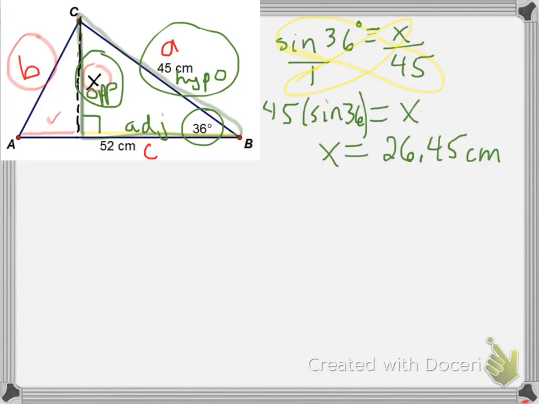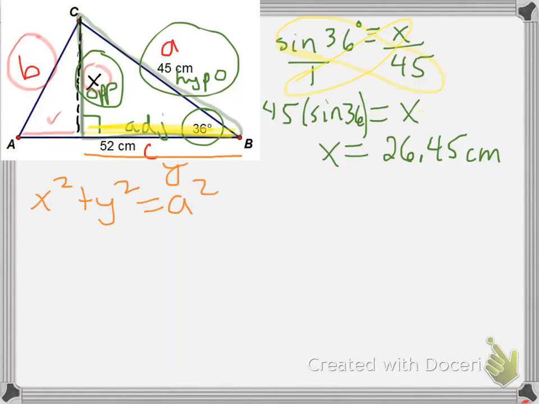Now, if I have a right triangle, I can get this yellow piece that I said I was originally going to go for. I'm going to call that piece y. So I know that x squared plus y squared equals a squared, because that's the hypotenuse.